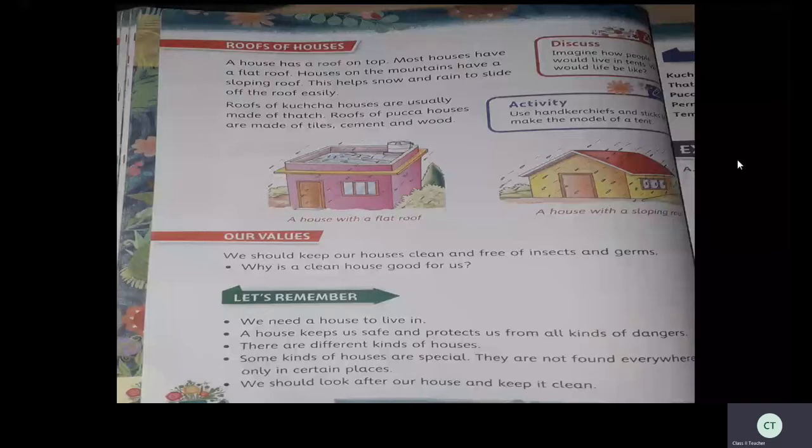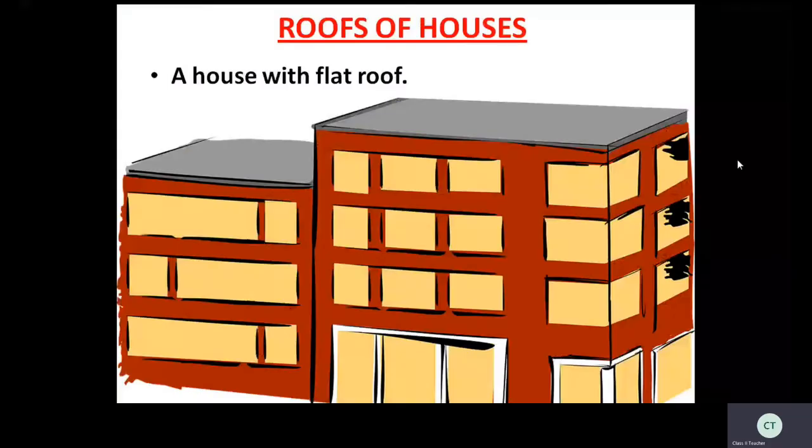See here on the screen, children, you can see the roofs of a house. See here, a house with a flat roof. Look at the screen, children. You can see the flat roof. In this type of houses, you can see a flat roof made of cement, isn't it?